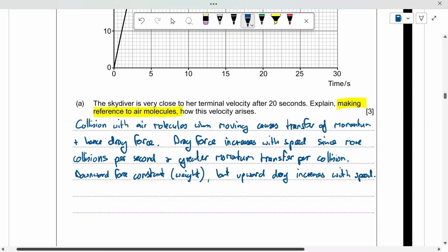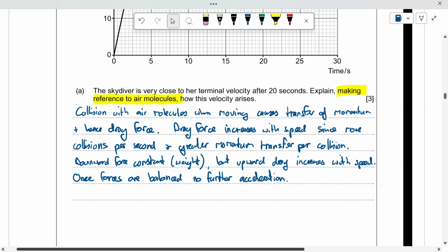Once those two forces are balanced, no further acceleration happens. So I feel like that's a pretty comprehensive answer, and I'd be reasonably confident of getting 3 marks for that.